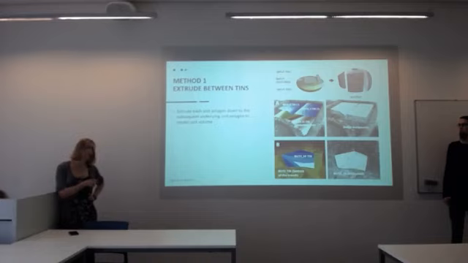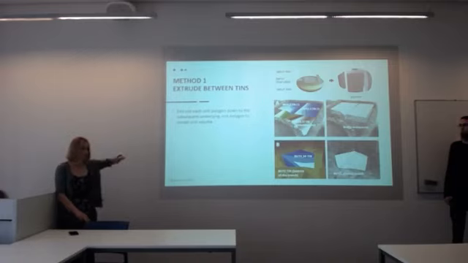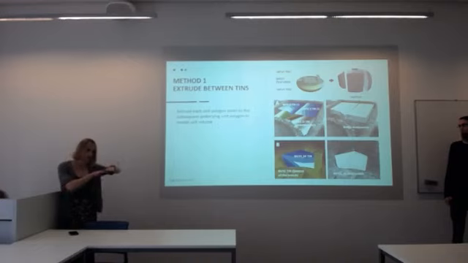So for every single unit, I would cross-reference between all of the different data that was collected during excavation and say, okay, based on what was recorded, this unit lies on top of this unit, or this unit is intersected by this unit. So in my model, when I do the extrude between tins, I need to use this other unit as the bottom point.